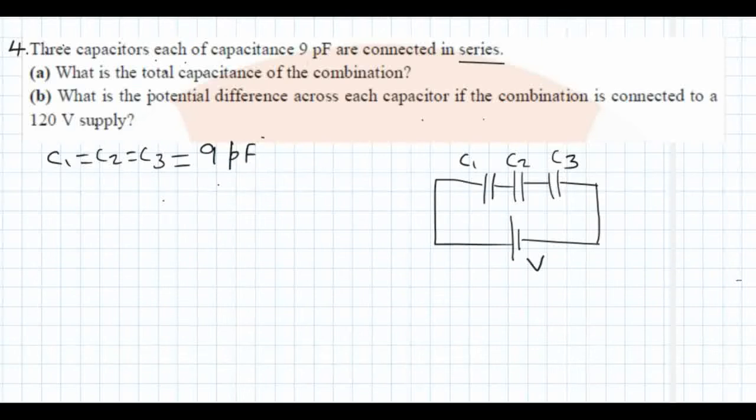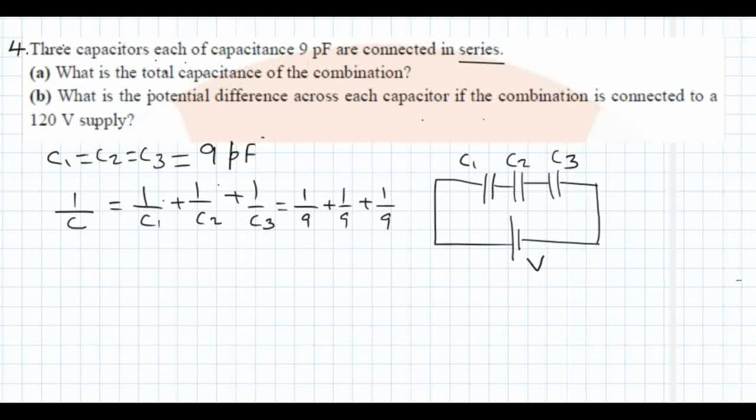Okay, and what is the effective capacitance of the series combination? We have 1 by C is equal to 1 by C1 plus 1 by C2 plus 1 by C3, that is equal to 1 by 9 plus 1 by 9 plus 1 by 9, which is 3 by 9, that is equal to 1 by 3.